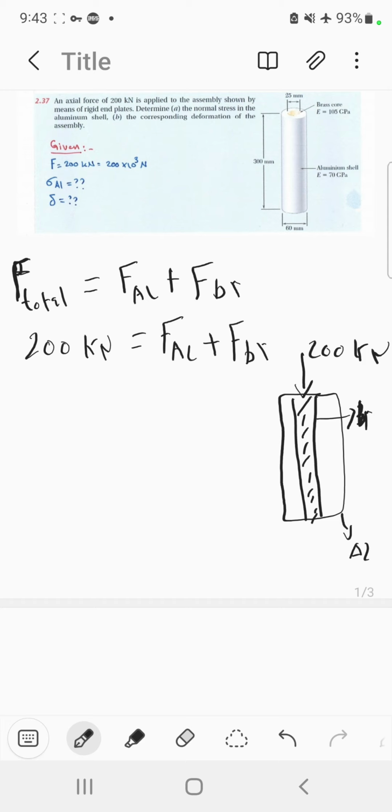And the second important equation is delta total equals delta AL plus delta BR, the brass.